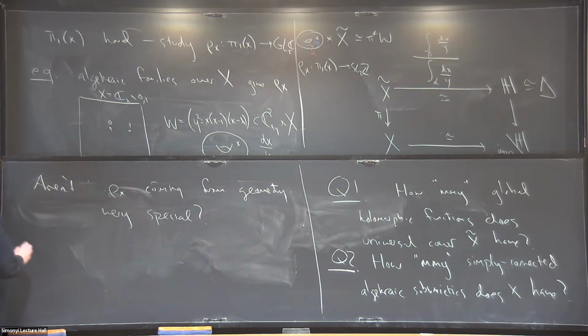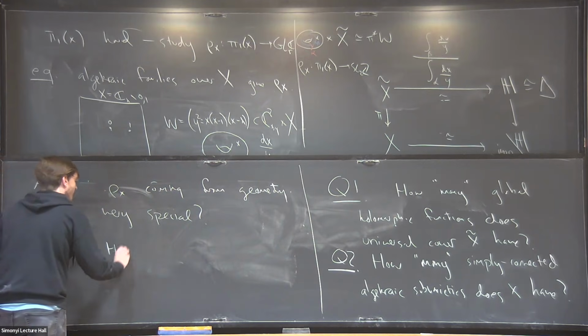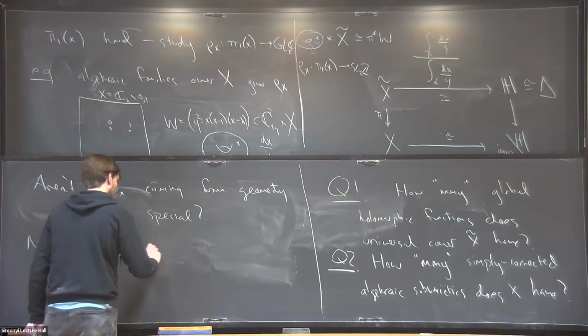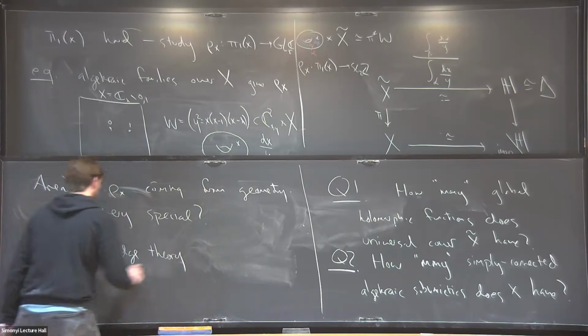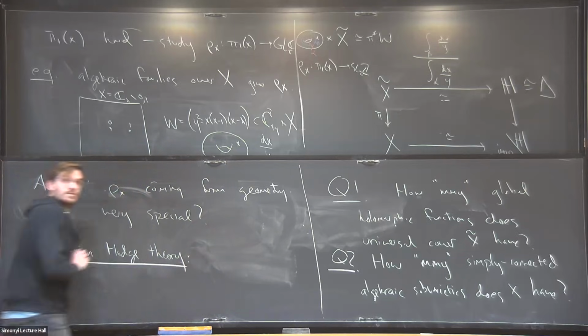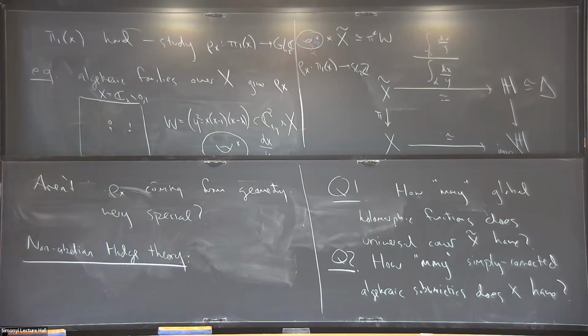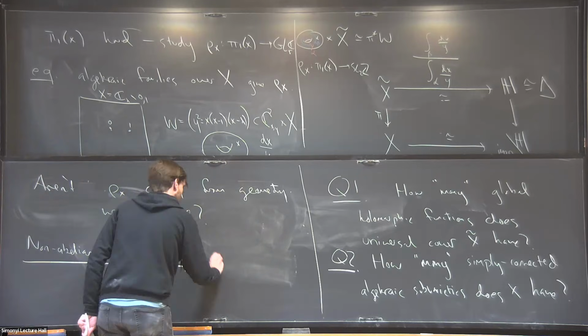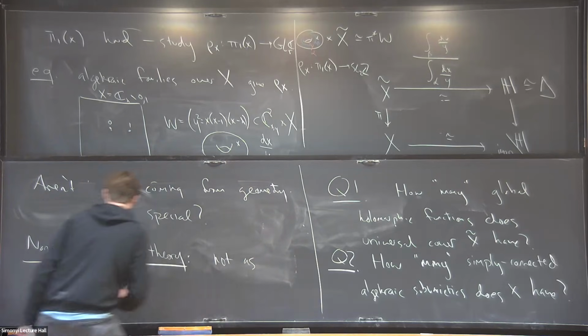The answer is, well, of course, but the answer that non-abelian Hodge theory might give you is that they're not as special as you might think. So I want to spend the remainder of the time talking about why that's true and why it's relevant. Not as special as you think.